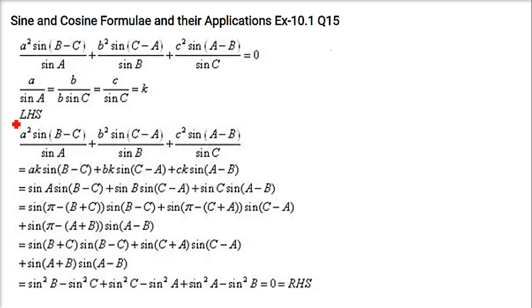Here in this we have to prove this to be 0. So we'll use the sine rule. Let us take the first one. What do we get? A can be written as k sin A. So I am putting it here.